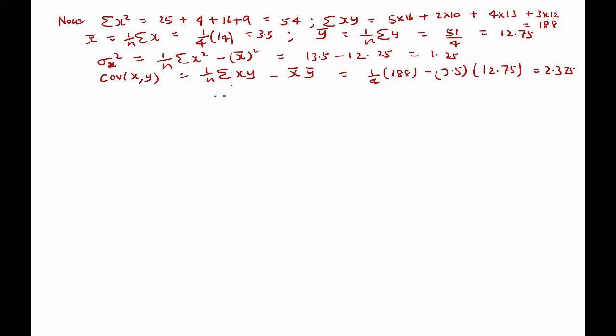Therefore, B is equal to covariance of x comma y divided by sigma square x, so 2.375 divided by sigma square x, 1.25. Please check, you will be getting 1.9. Similarly, not required to check A because we got B already in the first method, 1.9. Similarly, A is equal to, you will be getting 6.1.